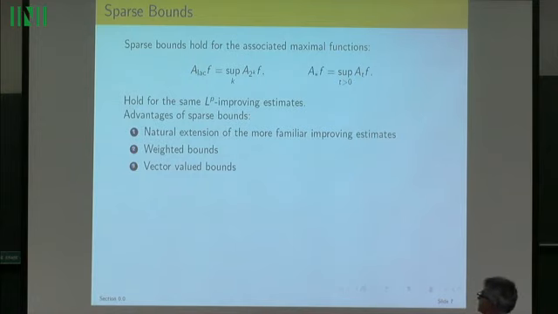And the sparse bounds are, in the first hand, a funny nonlinear bound for maximal functions. And in the second, they're actually the natural extension of the L^p improving inequalities. You take the proofs for the L^p inequalities and they naturally give you the sparse bounds. And the sparse bounds are in fact essential improvements over the L^p improving.